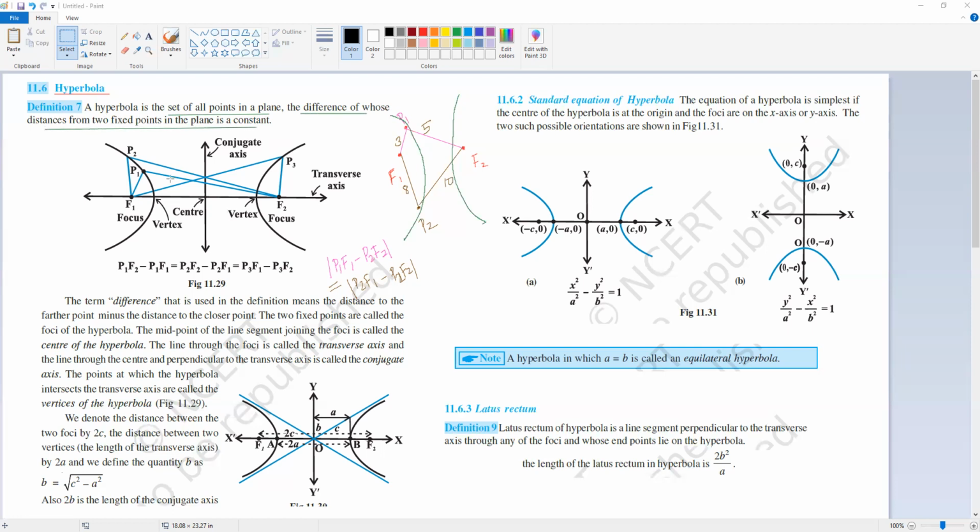In the ellipse the sum is constant; here the difference is constant. Now some important points; once we have studied the ellipse, this is very easy.